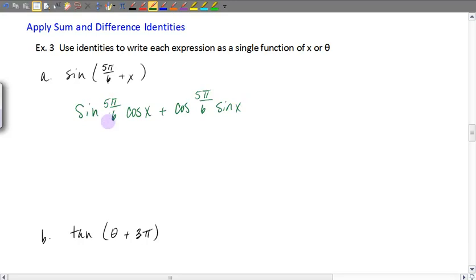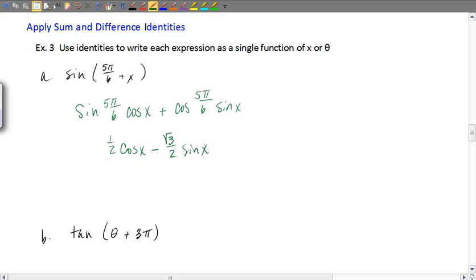Well, I can simplify the sine of 5 pi over 6 by rewriting that as 1/2 times the cosine of x, plus the cosine of 5 pi over 6, which is going to be negative square root of 3 over 2, so let's change that to minus the square root of 3 over 2, times sine x.